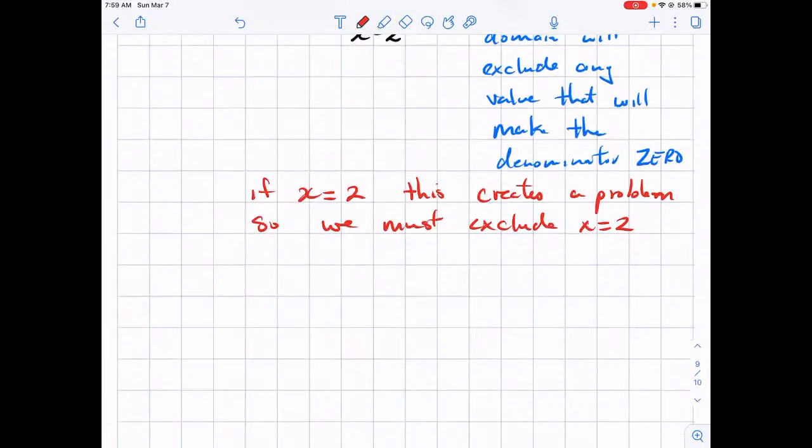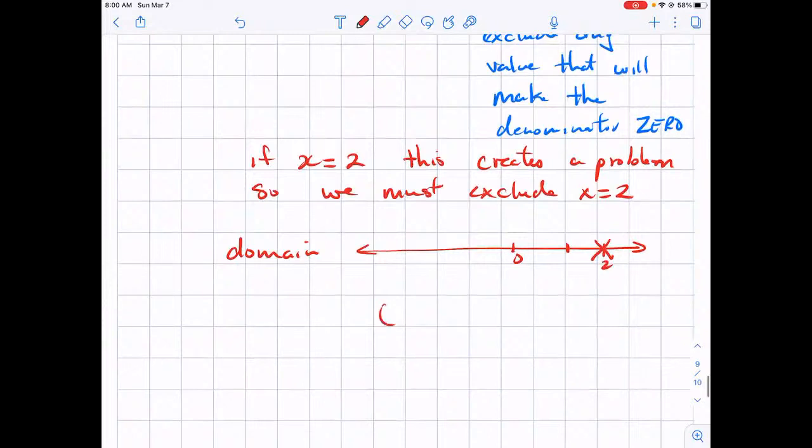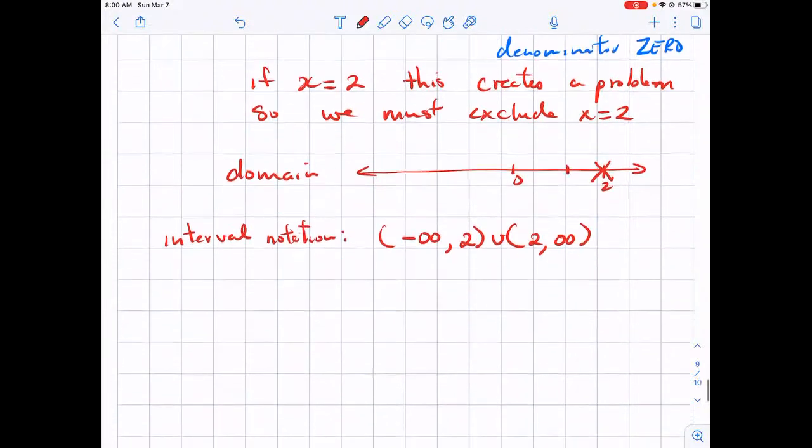So the domain here would be every single thing on the number line except 2. So this leaves me with minus infinity to 2 union with 2 to infinity. Okay, this is the interval notation.